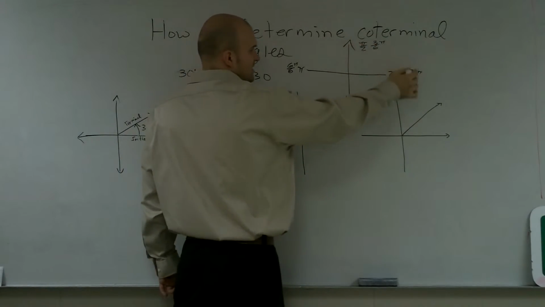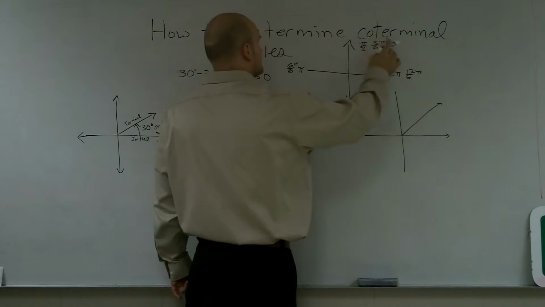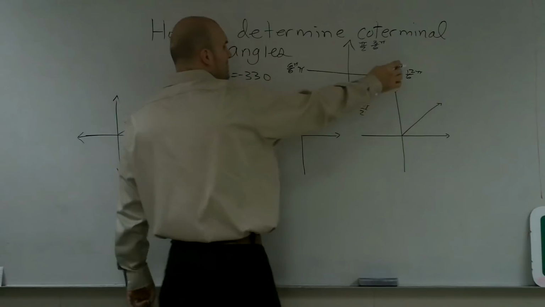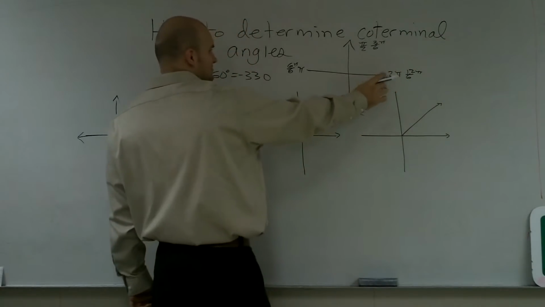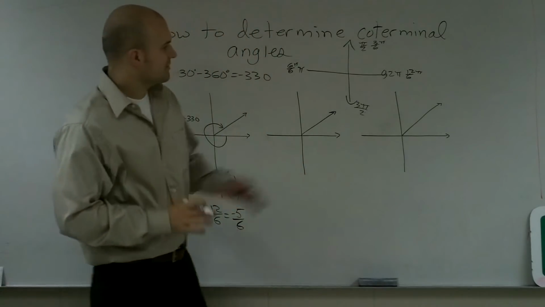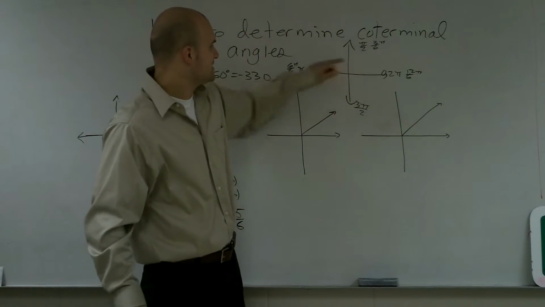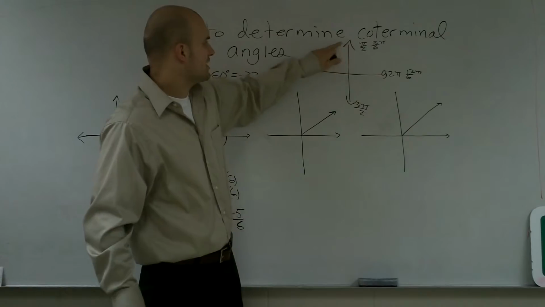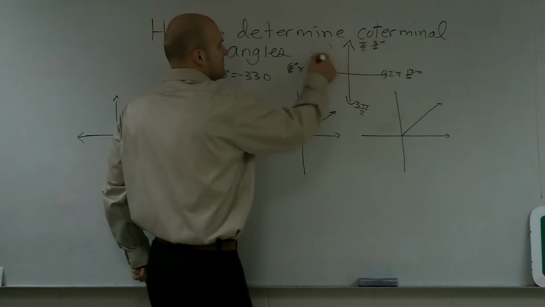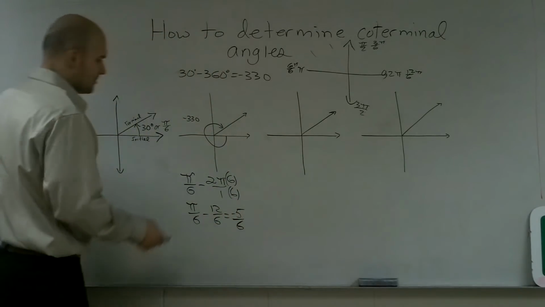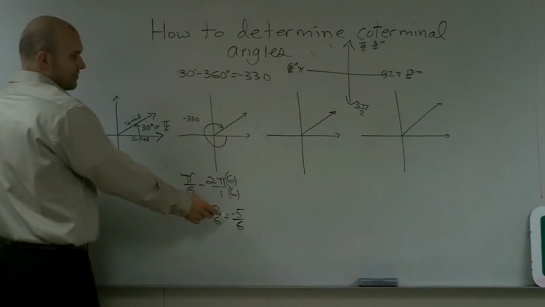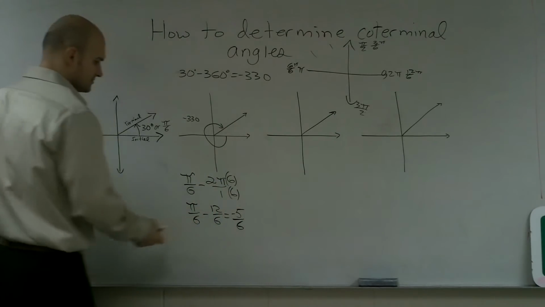And this is 0 over 6, which is also 0 pi. If this is 3 over 6 and I get to 6 over 6, that means I'm going to have a 4 over 6 and a 5 over 6. So now this is a negative 5 over 6, going in the negative direction.